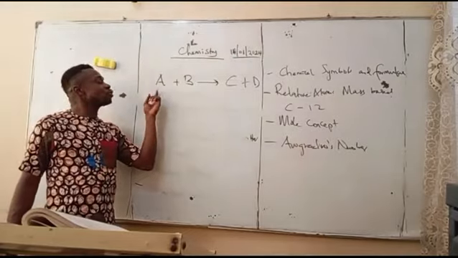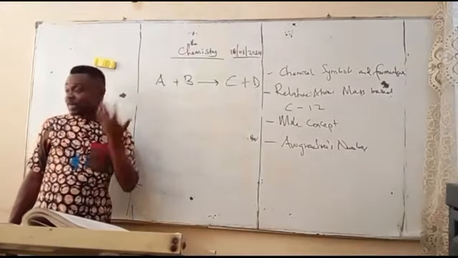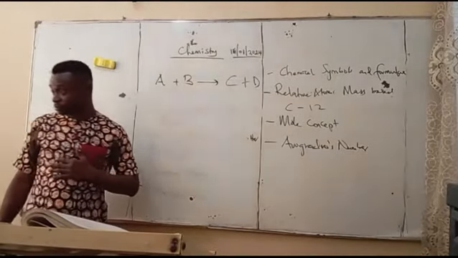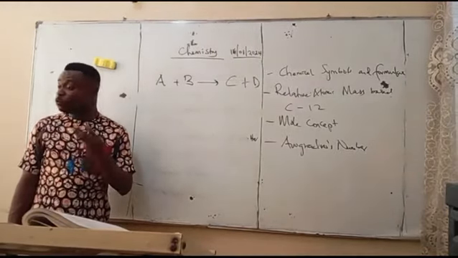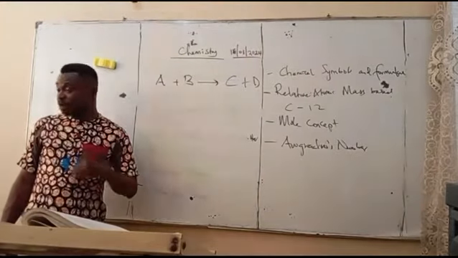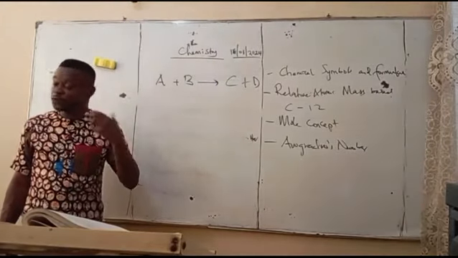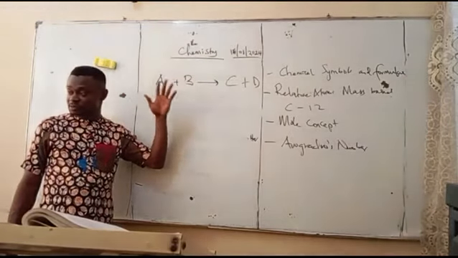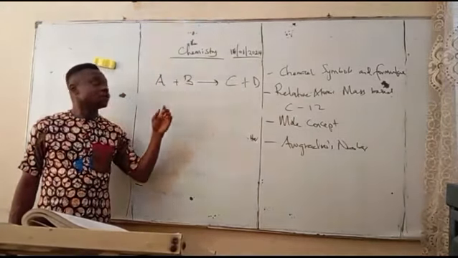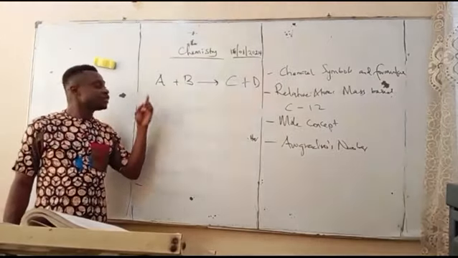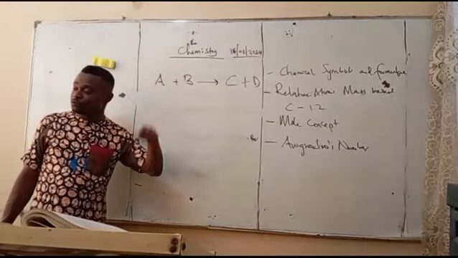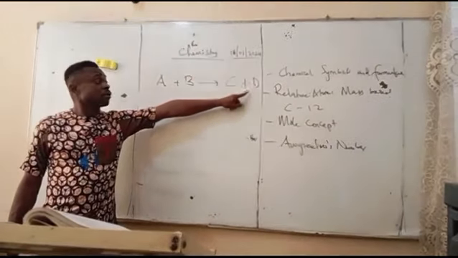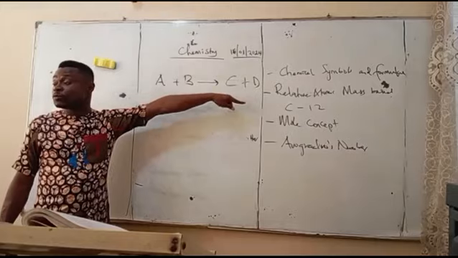When you are trying to find out the amount, it can be mass, it can be moles, it can also be volume, mainly when it comes to gaseous reactants or products. But the point is that this amount can be weight, mass, volume, or moles.